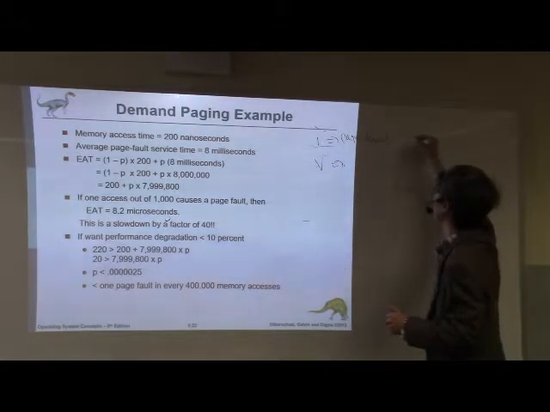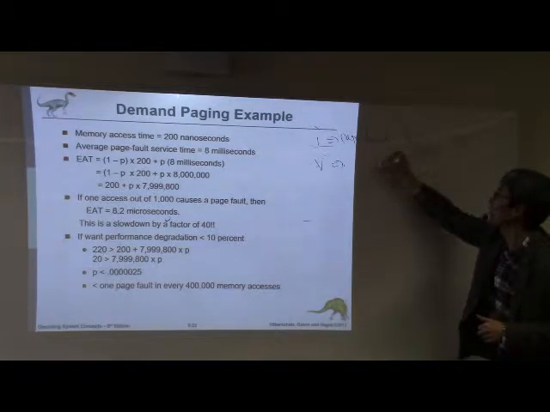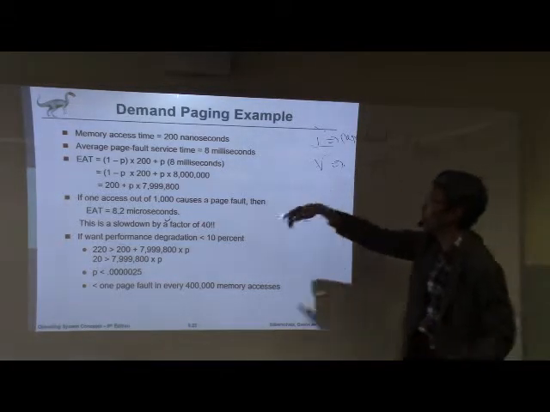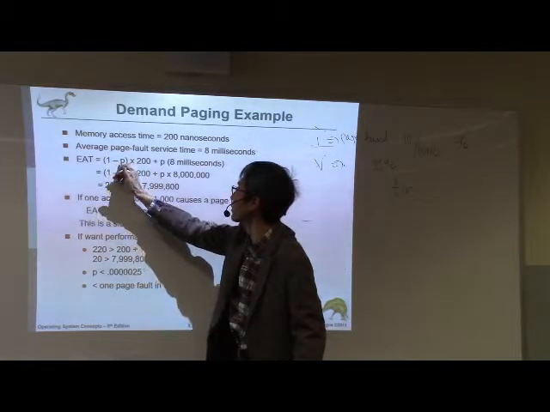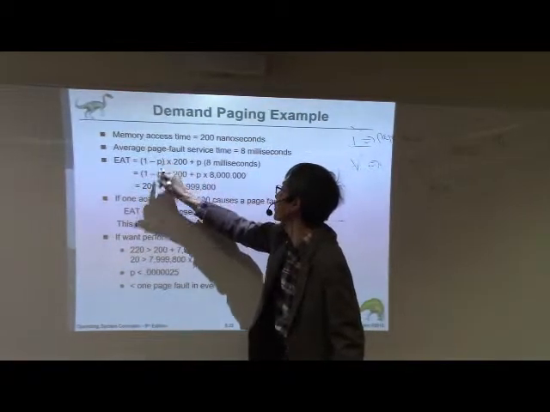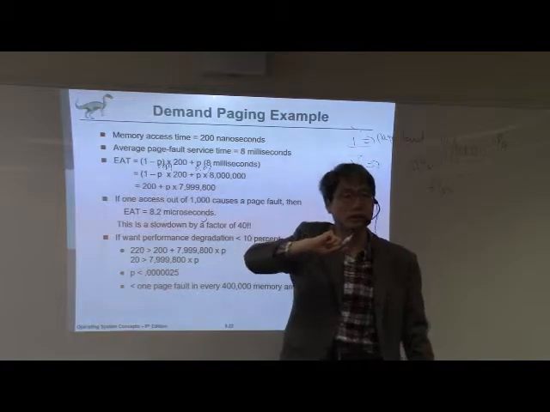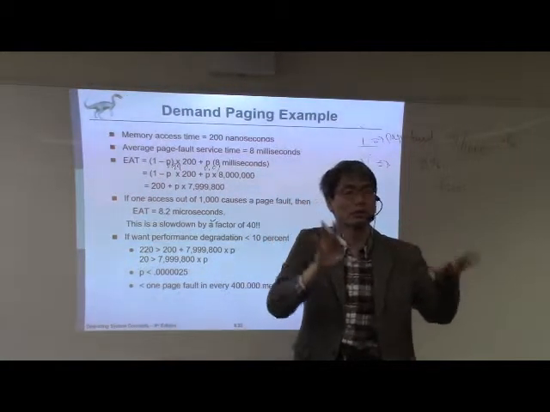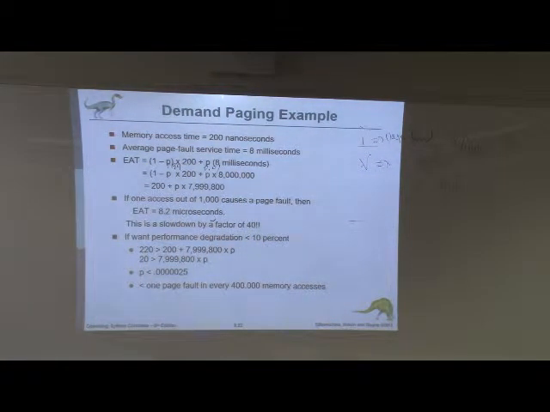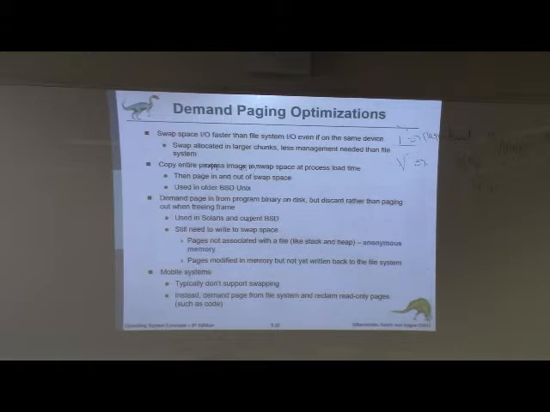For example, 100%, so we calculate 1 minus 0, 1, okay? And this is 0.9, and this is 0.1, something like that. It's a ratio between page faults and normal access.